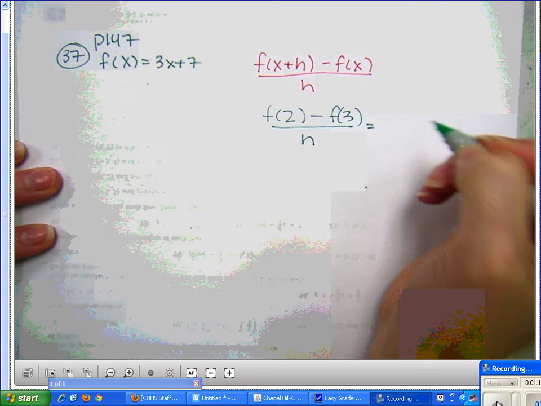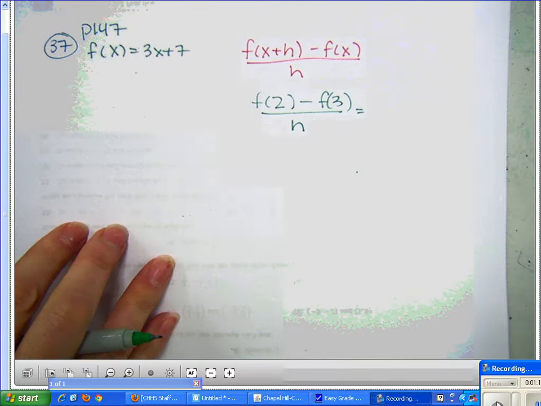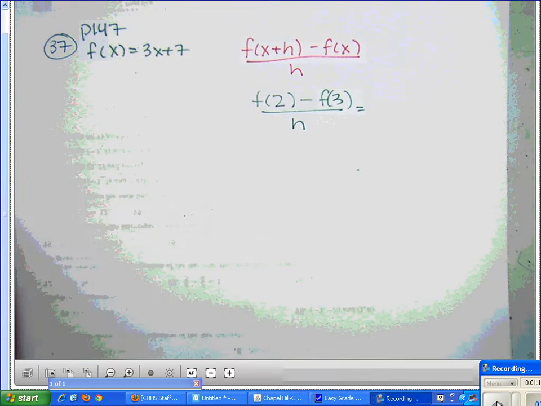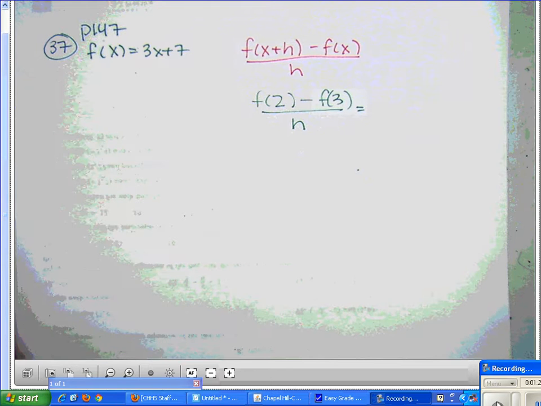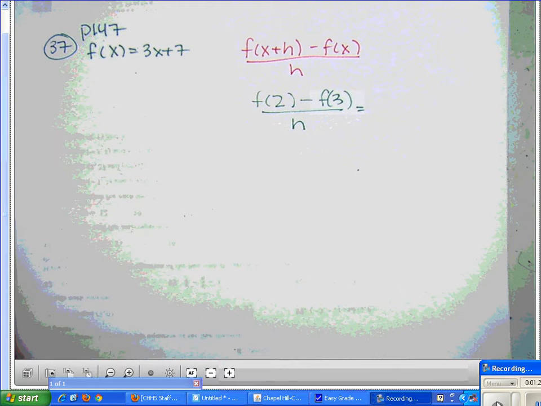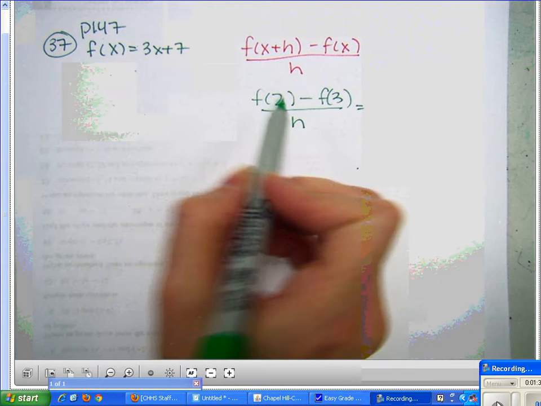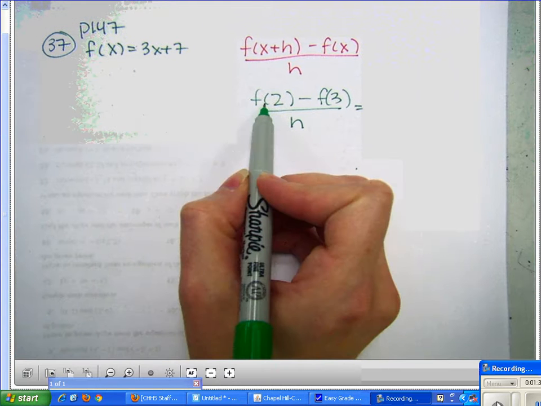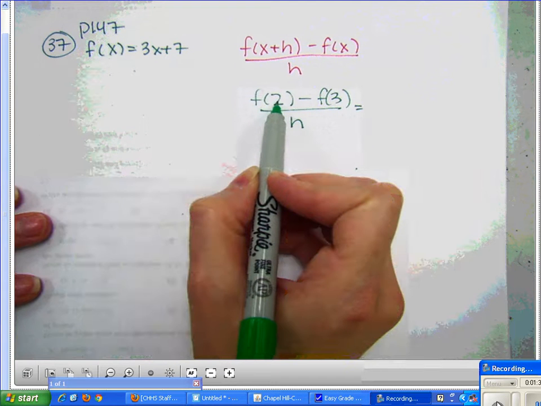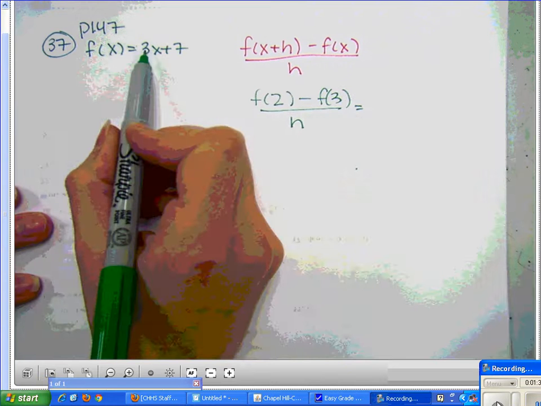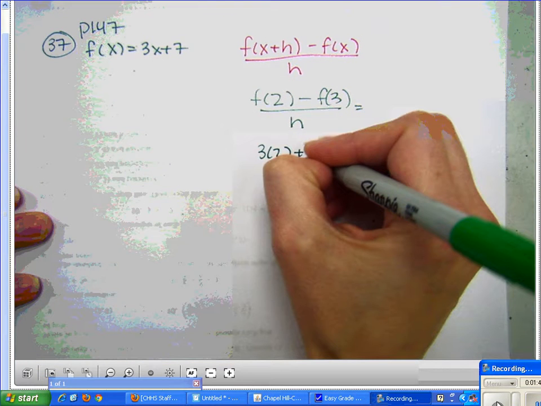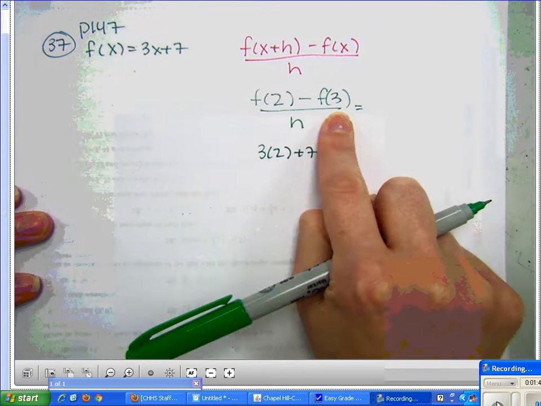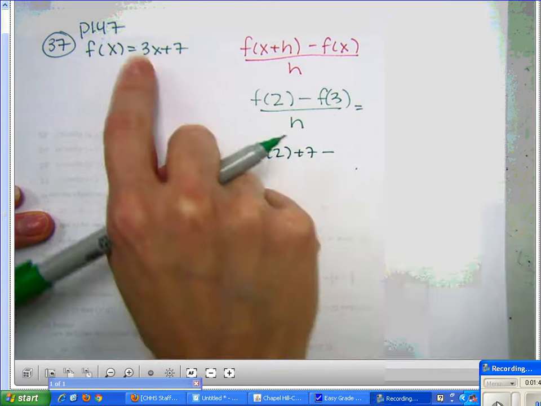Well, how would you evaluate this equation right here? What would you do? What's the first thing I could do? I would plug the numbers into the function for x because this is function notation, right? So I would first plug in 2 here, and I'd have 3 times 2 plus 7 minus, and then I'd have to do now 3 into x into my equation.